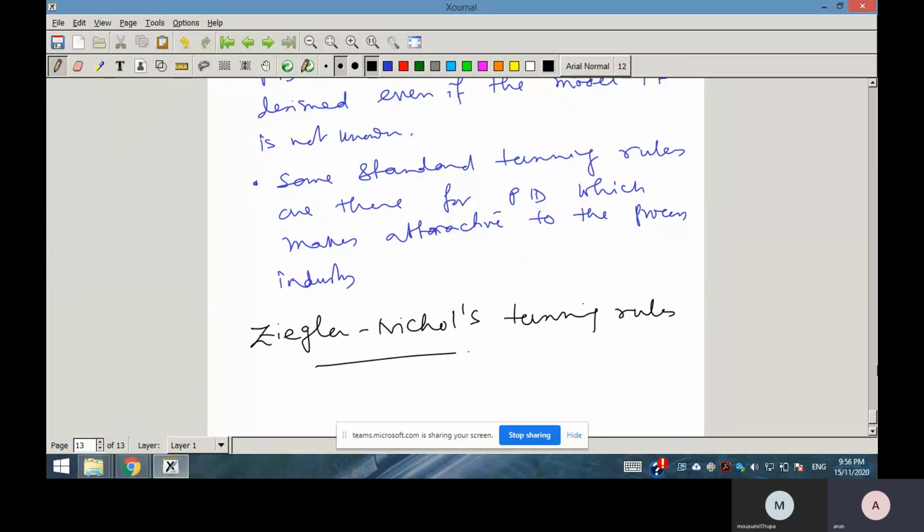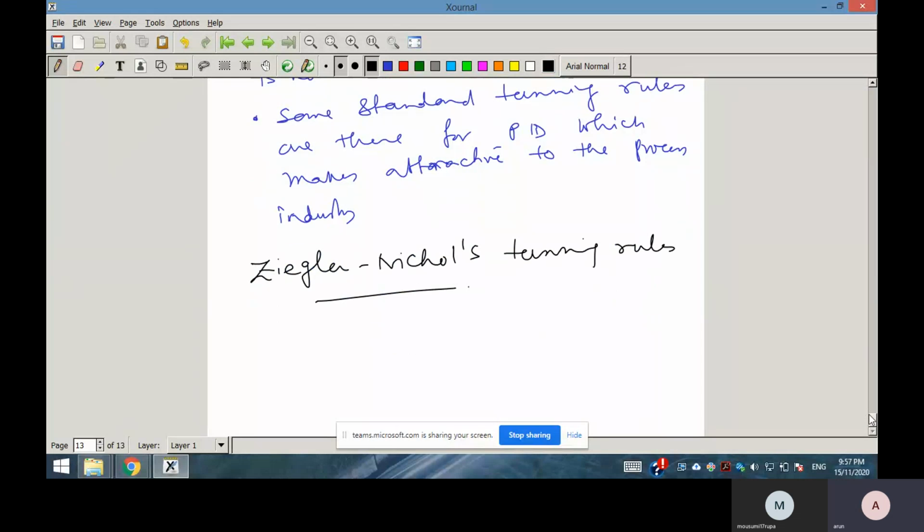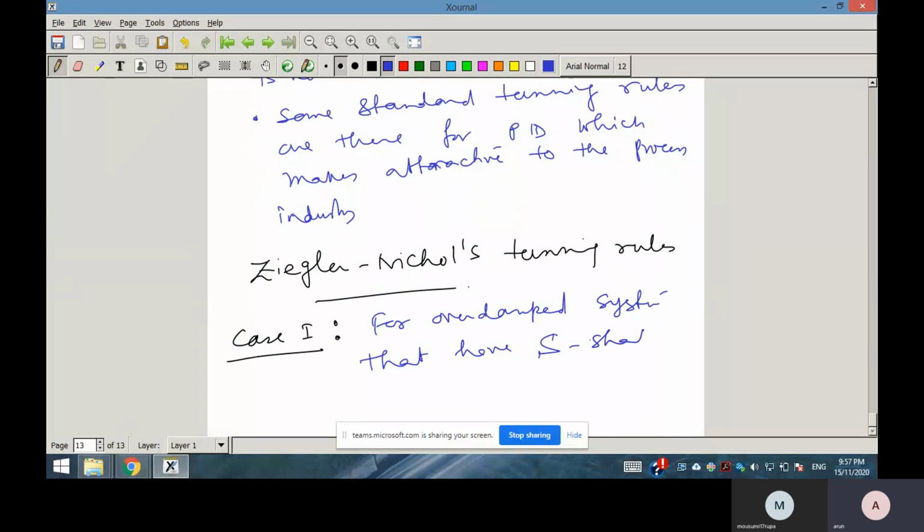So what are the Ziegler-Nichols tuning rules of PID? There are two cases. Case one is for overdamped systems that have S-shaped open loop response.